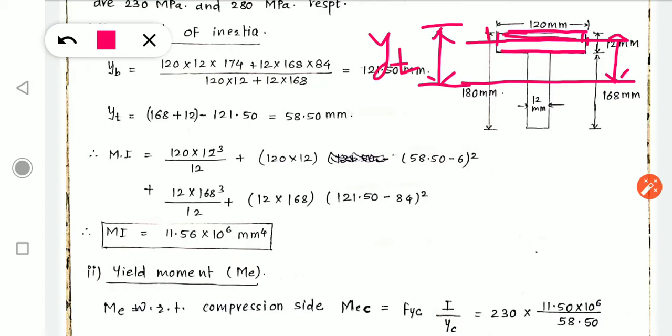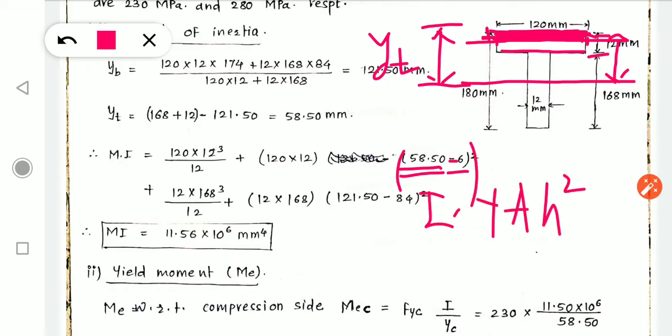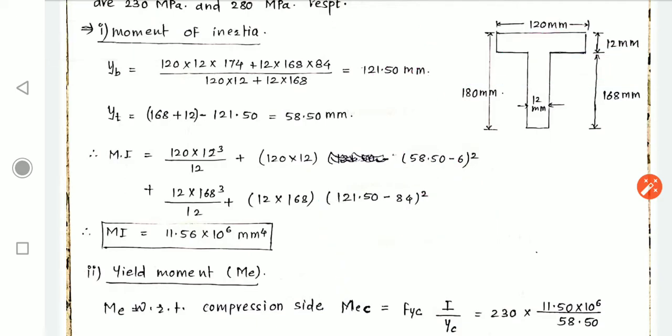So for that, y top we have calculated as 58.50, minus this upper part, 12 divided by 2, which is 6, and square of it, because a into h square plus I at own axis. That's our formula for calculating moment of inertia.